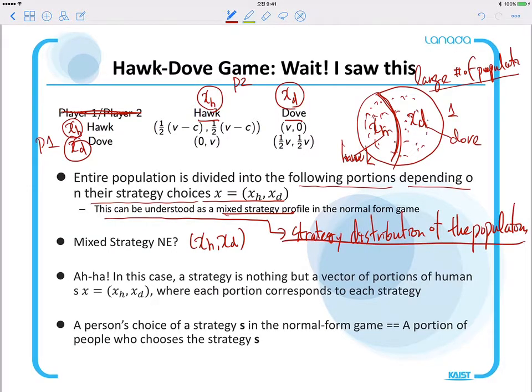What is xh? xh is the number of people, or the portion of the people out of the entire population, that chooses the hawk strategy. So if you look at this normal form game from a different perspective, called the population game, a strategy is nothing but a vector of portions of the humans, xh and xd, where each portion corresponds to each strategy.